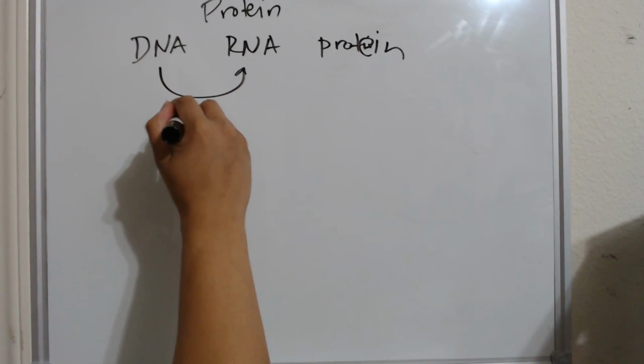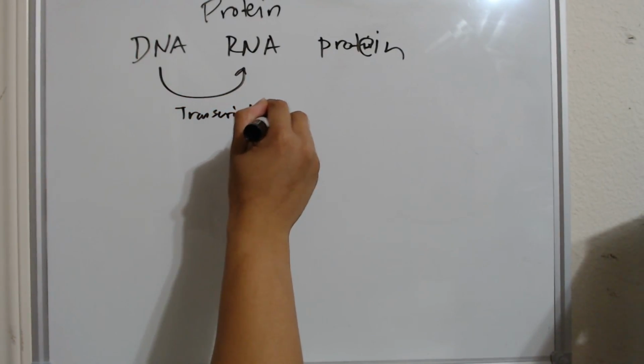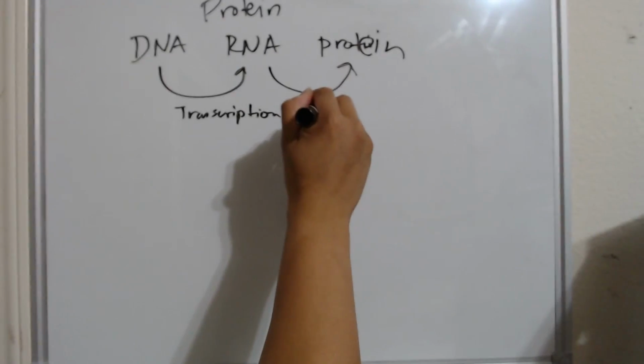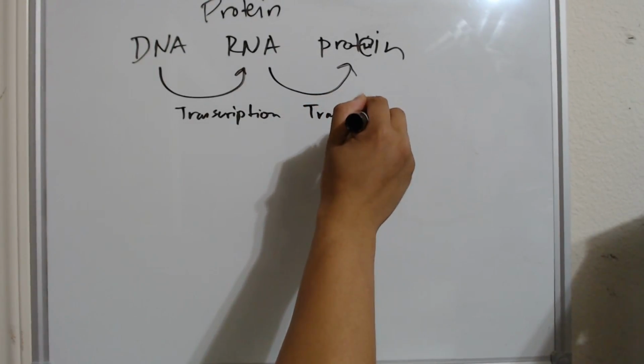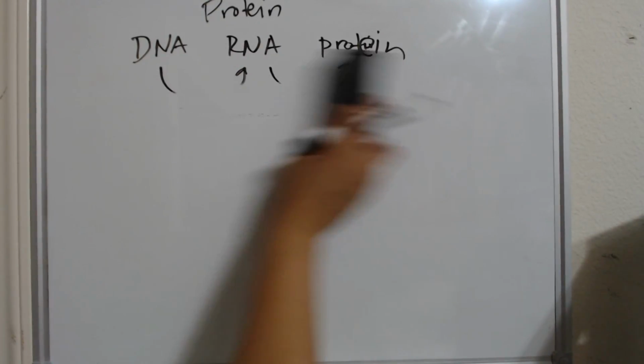DNA to RNA is called transcription. And RNA to protein is translation. So proteins are translated in the ribosome. Ribosomes are made from rRNA that are made in the nucleolus.